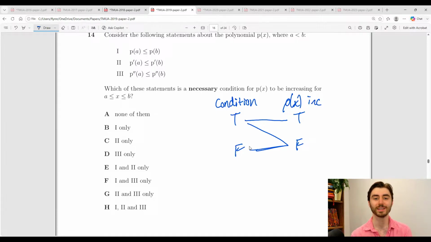So in other words, the question is, can this condition be false and I still get to an increasing function in this interval? Now I will note this is a polynomial, not a function, which means it is continuous and has no asymptotes. So it's smooth and continuous, and the only way, so if P(A) is less than P(B), can that condition be false and for it to still be increasing?